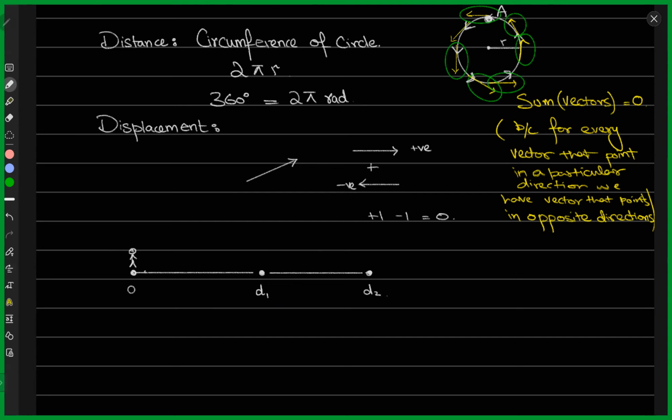Every point that lies on this line has a unique value for distance, right? So for example, maybe you moved 1 meter here, 2 meters, 3 meters, 4, 5, 6, 7, 8, 9, 10, and at this point maybe 11 meters and so on. You get the point, right?